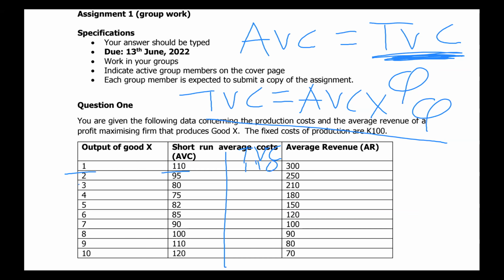I need the very fast calculators. 190. 3 times 80. 240. 240 here. 4 times 75. 300. Yes, sir. 300. The next one.